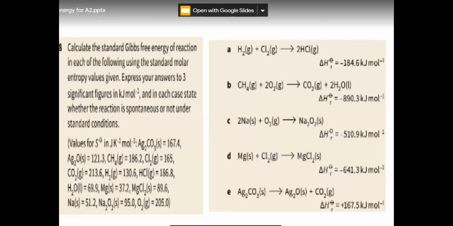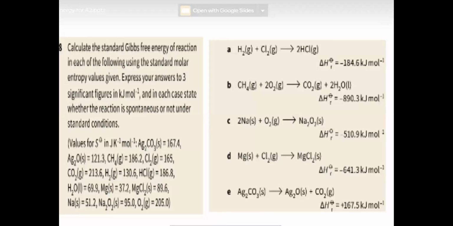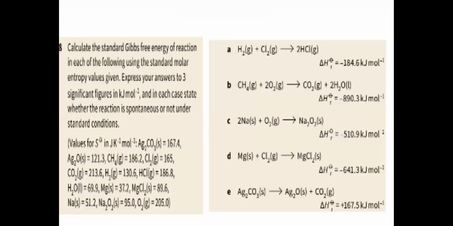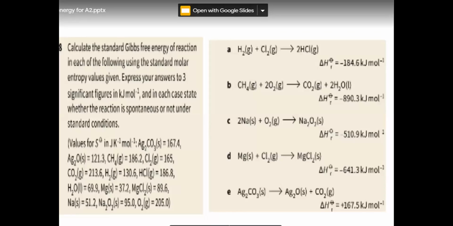So here is a question which you can practice, take a snapshot and work it out. Now there are five parts to it, and here you have to calculate the standard Gibbs free energy for each reaction A, B, C, D, E. The entropy values, in order to calculate the entropy of a system, are mentioned here. The delta H is mentioned with each equation.